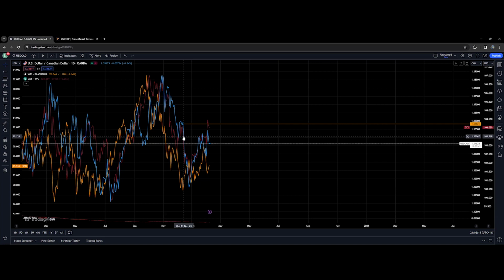Canada is huge on oil, right? But as well, it's a big partner of the US. Therefore, the BOP, the balance of payments between those countries, is very big, and they are buying and selling from each other in Canadian dollars, US dollars, and so forth.